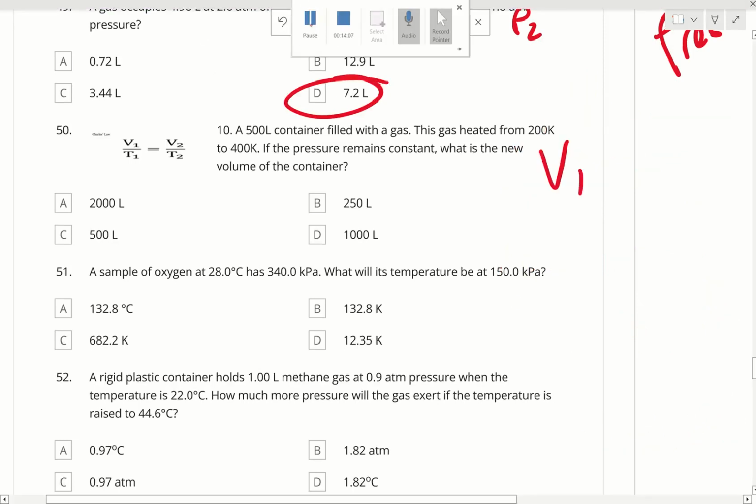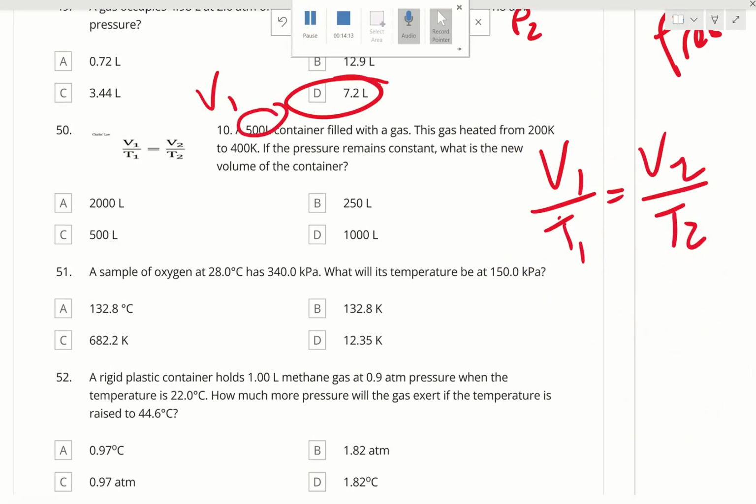50. So they give me the formula V1 over T1 equals V2 over T2. 500 liters is my V1. My T1 is 200K. My T2 is 400K. What is the new volume, V2?